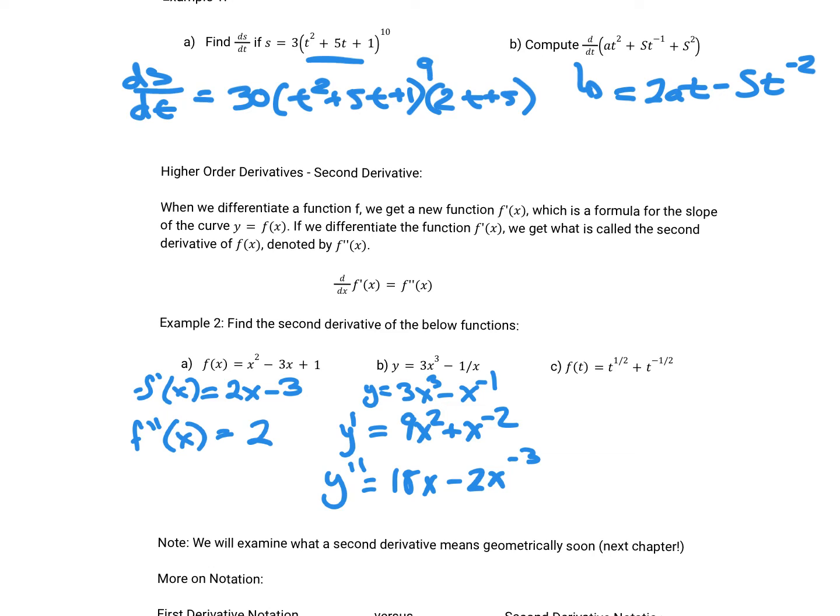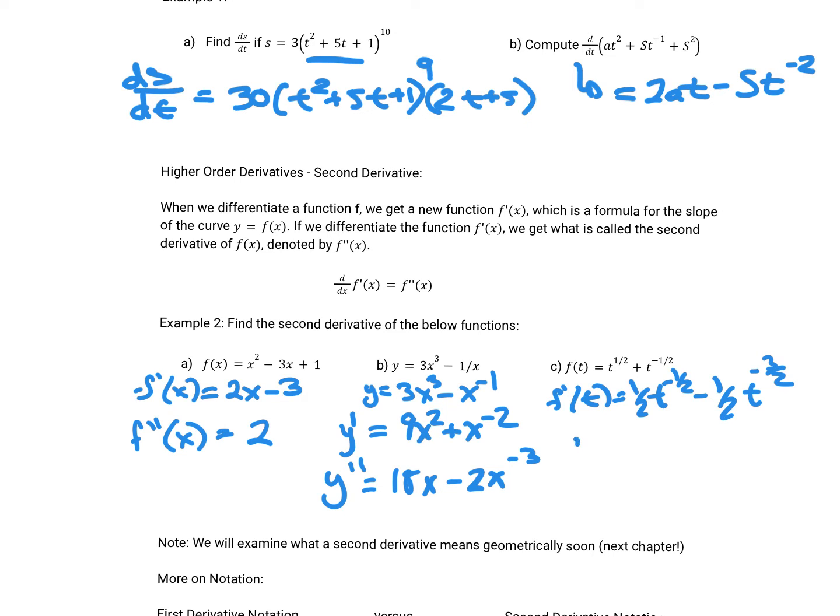All right, now this final one is where f is in terms of t, same idea as it is in terms of x. Go through the same process. So f prime of t is going to be 1/2 t to the negative 1/2 minus 1/2 t to the negative, if I subtract 1, I get negative 3/2.